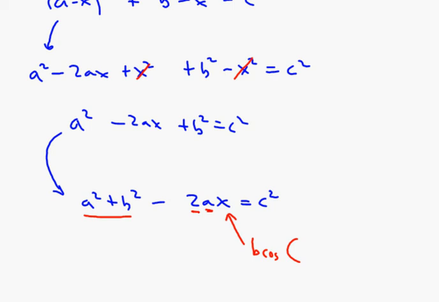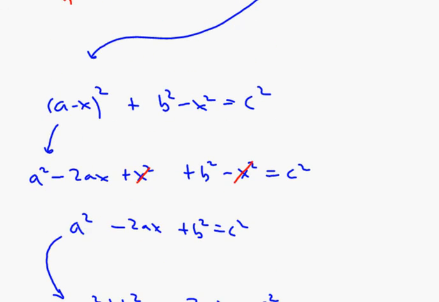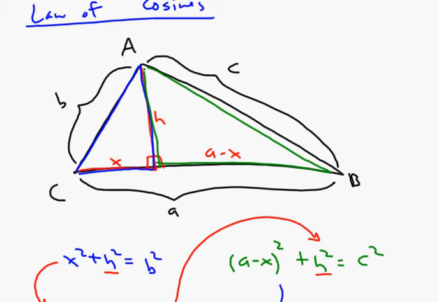Let's go back to the picture and study it a little bit and see if we can't resolve this issue. So here we go. Here's x in the picture. Now I'm looking at x because I know that's what I want to get rid of. I don't want x in my expression anymore. So let's see if I can write anything that has x and cosine in it. So here we go. Ready? Cosine of big angle C would be the adjacent x over the hypotenuse b.